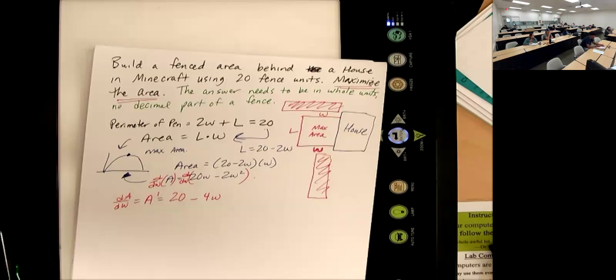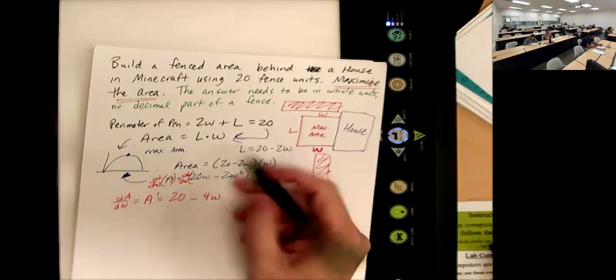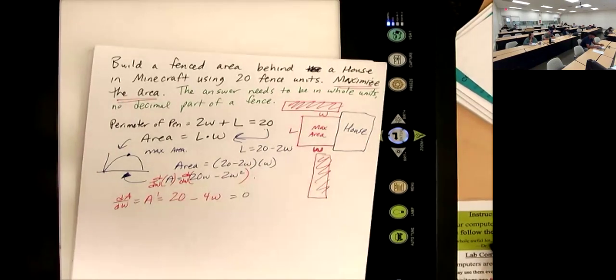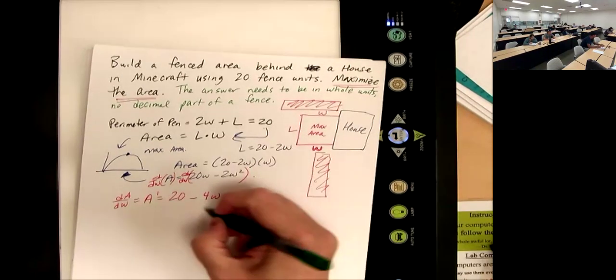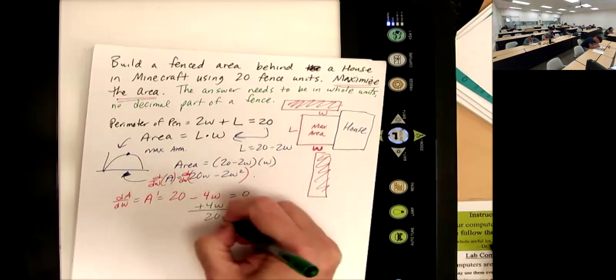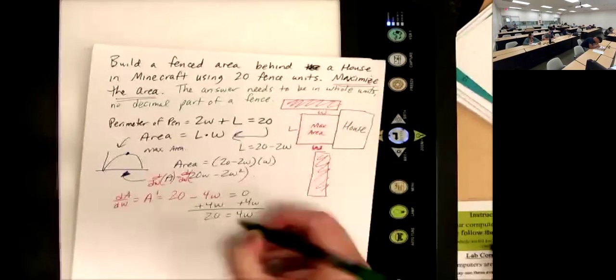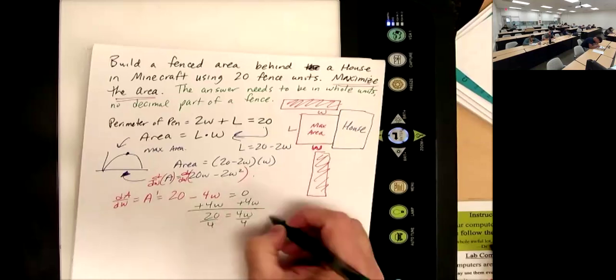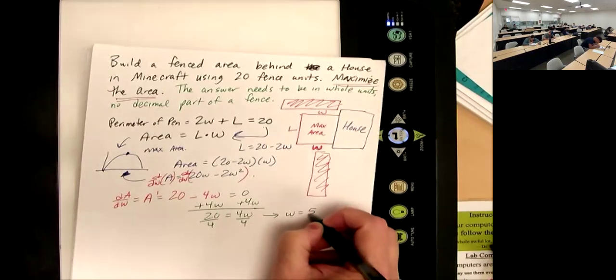We wanna find the critical points, so set it equal to 0. That'll help us find critical points. I'm gonna add 4W to both sides, that way I don't have any negatives in there. And then we'll divide by 4 on both sides, and I get W equals 5.